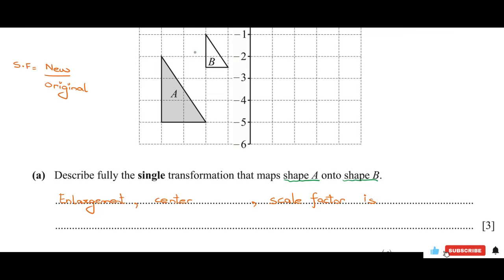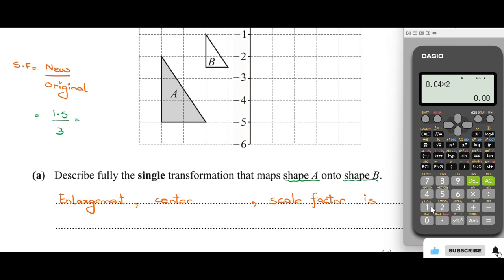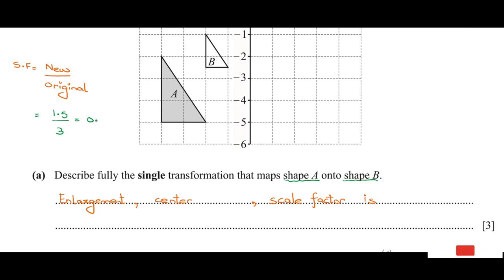So the new one is 1 unit and half unit, so it is 1.5, and the original one is 1, 2, 3, this is 3 units. So 1.5 divided by 3 is 0.5. So the scale factor is 0.5. Now in order to figure out the center of enlargement, we need to connect the corresponding coordinates.